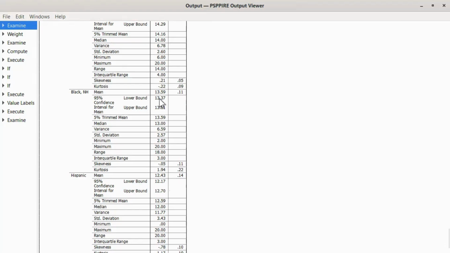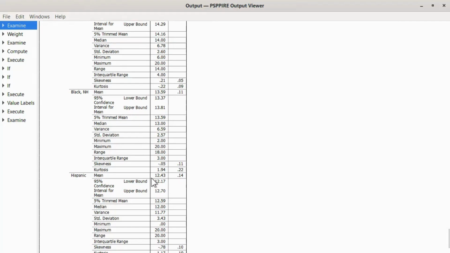So the 95% confidence interval, it's an inferential statistic. It means that we're pretty sure in the population, average years of education for Hispanics is somewhere in the range of 12.17 to 12.7. Since that range doesn't overlap with Black, I can be confident saying that there is a difference between Blacks and Hispanics in terms of their education.